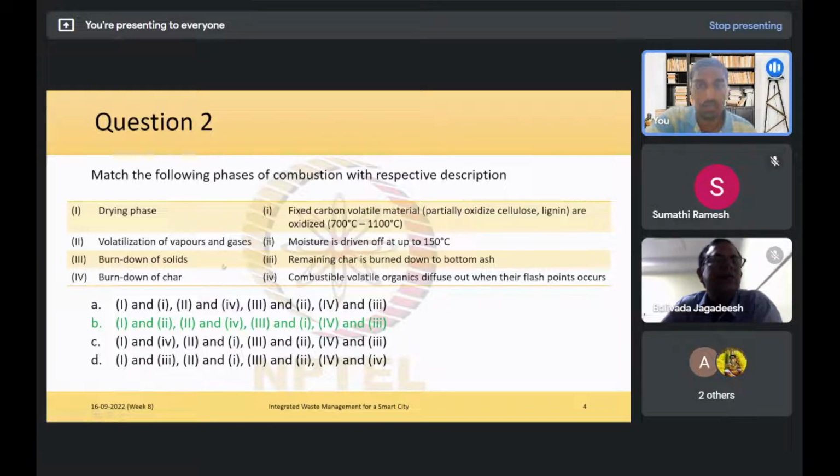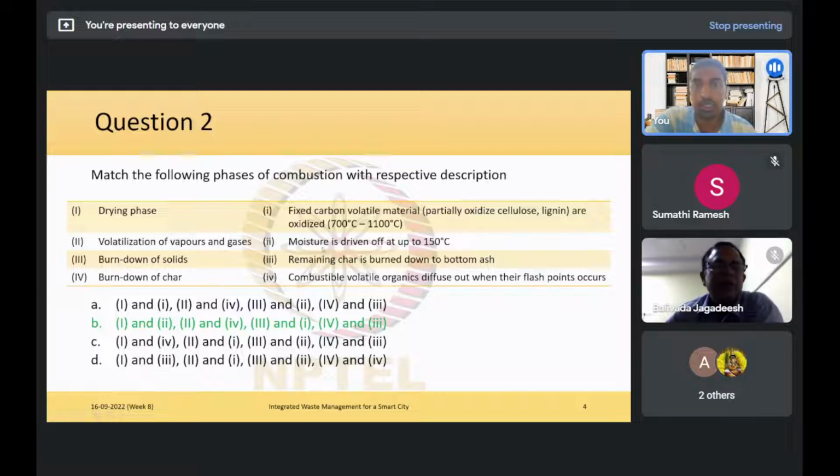And then the final phase is the burn down of char. Whatever is remaining after the oxidization of the fixed carbon will be further burnt down, and finally we will have the final residue, the end product, which is called the bottom ash, right? So that is the final end product of the combustion process.